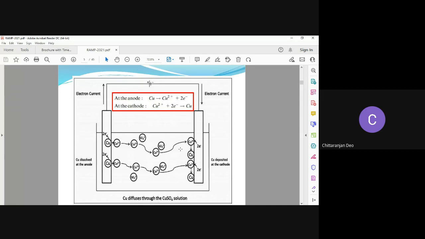The ions also travel through the solution by a second mechanism called migration. Migration is the movement of ions due to the potential field. In the example, you can see the copper ions are electrostatically attracted to the negatively charged cathode.